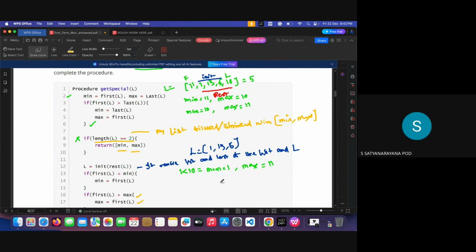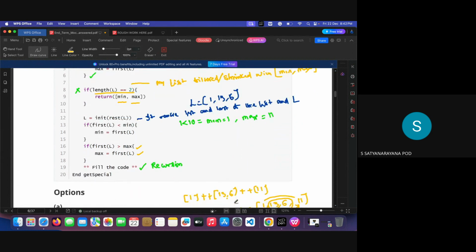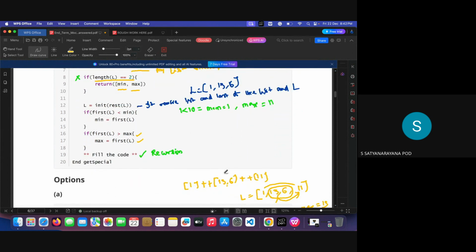Yes, init of rest of L means, if the list is 1, 13, 6, then 1, 13, 6 is joined with these elements, no?